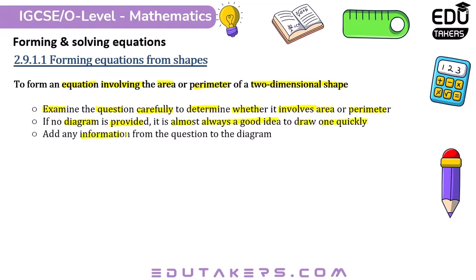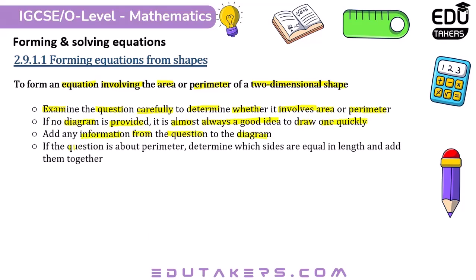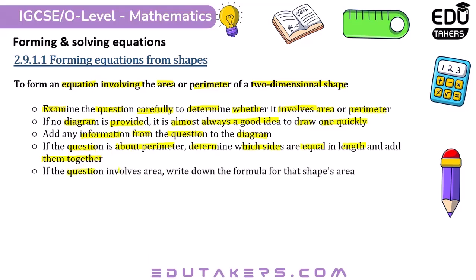Add any information from the question to the diagram. If the question is about perimeter, determine which sides are equal in length and add them together. If the question involves area, write down the formula for that shape's area.